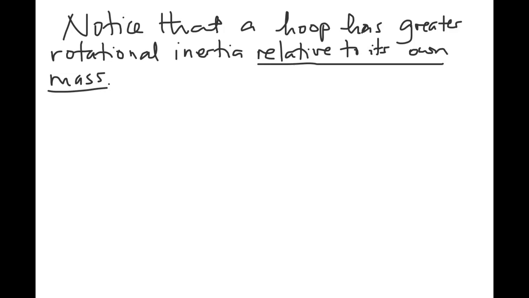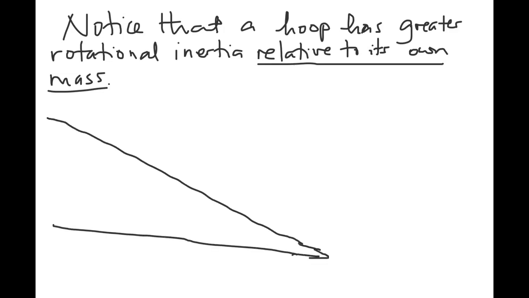Now, if we do an experiment to see which one wins the race down an inclined plane, we see that the hoop will always lag behind the solid cylinder. So if I have the hoop here, and the solid cylinder, the solid cylinder will be winning the race because of having the smaller rotational inertia.